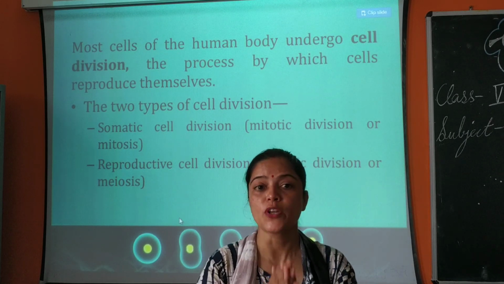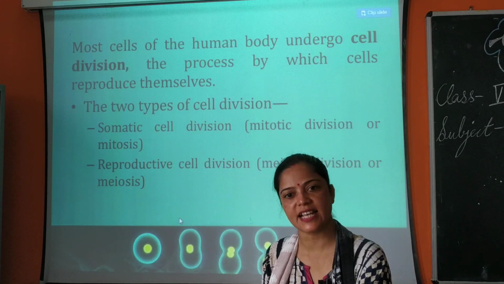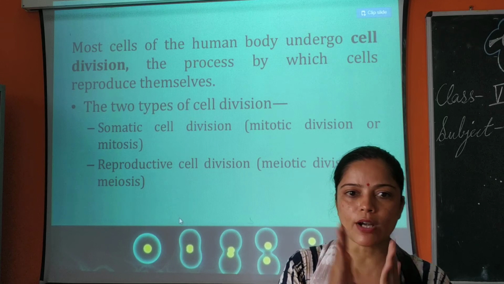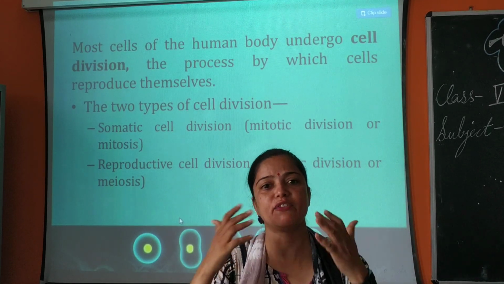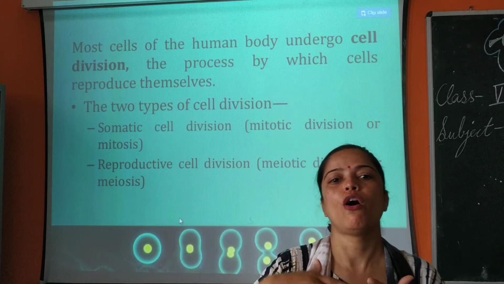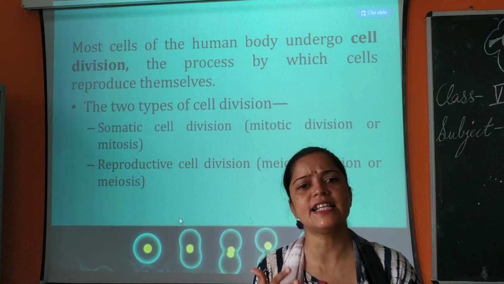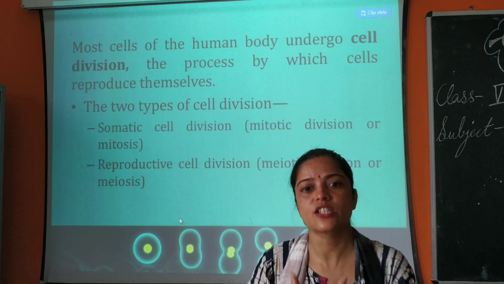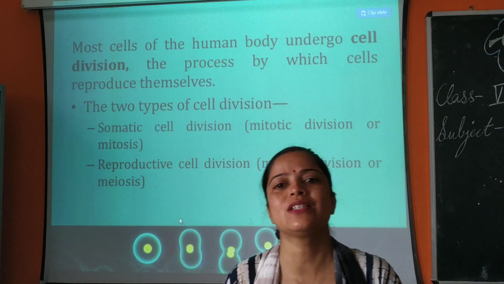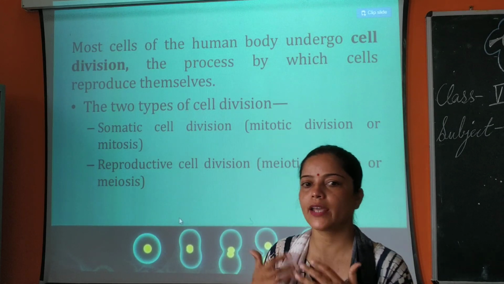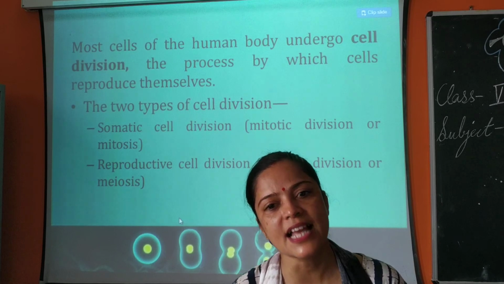New cells arise from pre-existing cells only, and the parent cell divides and forms two or more daughter cells. The daughter cells grow again and they divide again to form new cells.